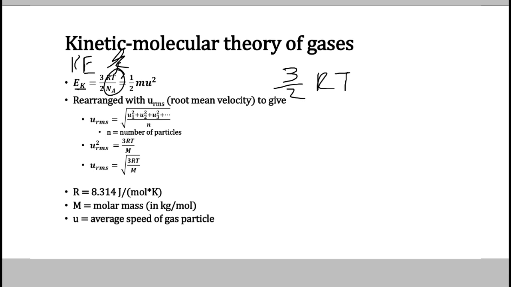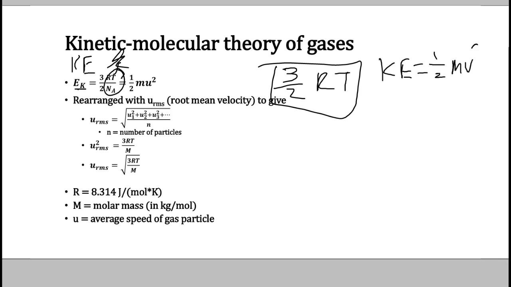So we're going to use 3/2 RT, and that's equal to 1/2 M times U squared. We think back to what the definition of kinetic energy is in physics. Kinetic energy, if we're writing that in terms of velocity, is 1/2 mv squared.